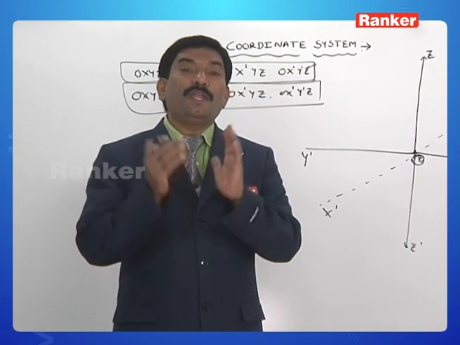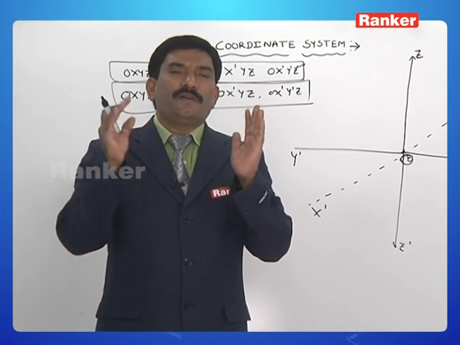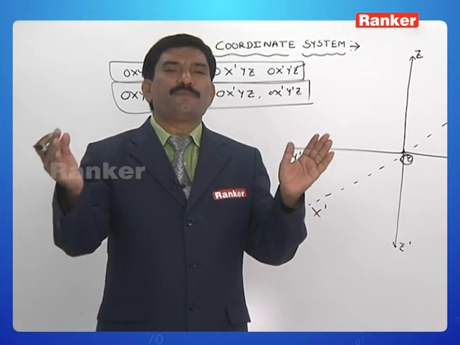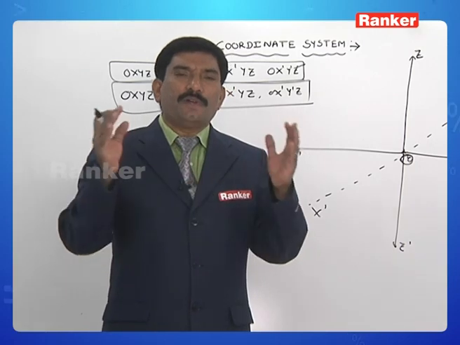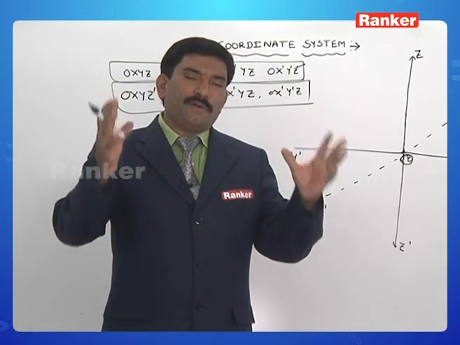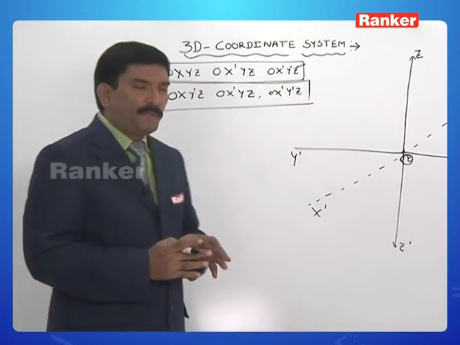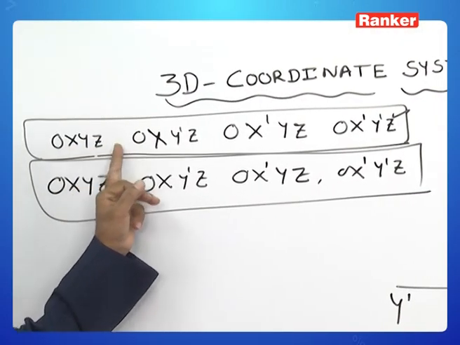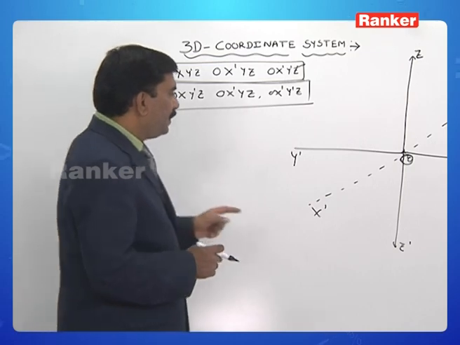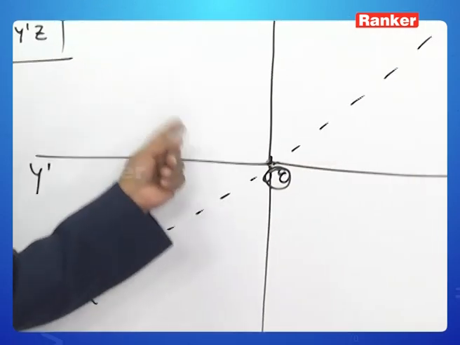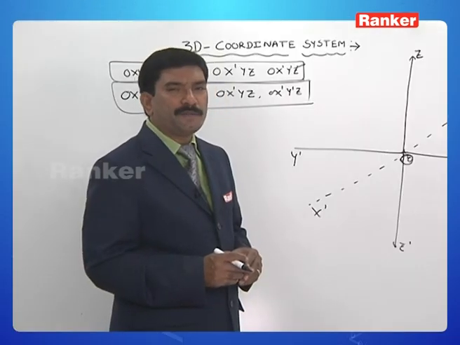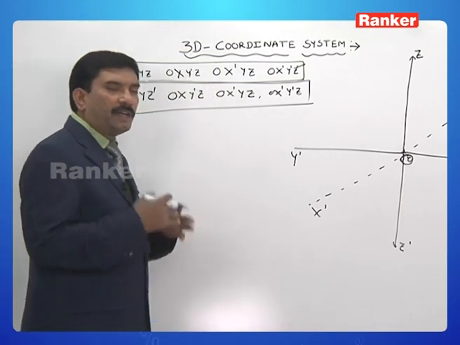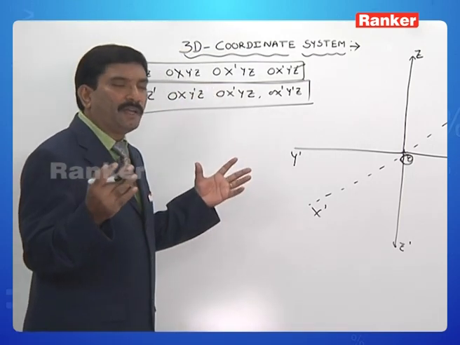In how many octants is the sign of the X coordinate positive, Y coordinate positive, Z coordinate positive? Here X is positive, Y is positive, Z is positive. So this corner can be divided into 8 parts.